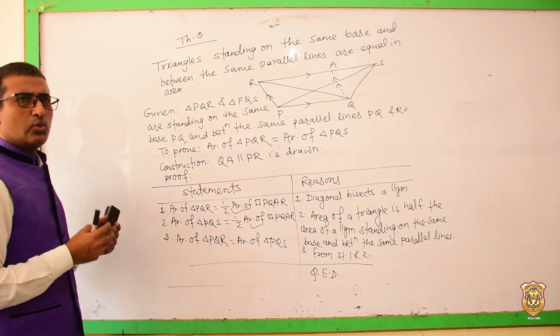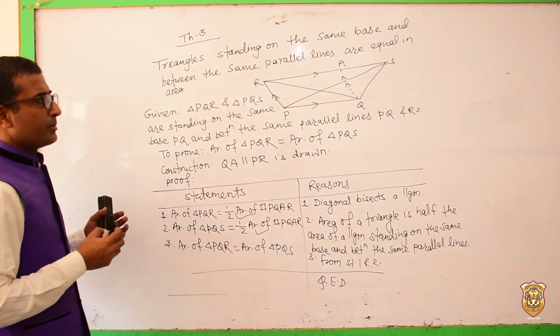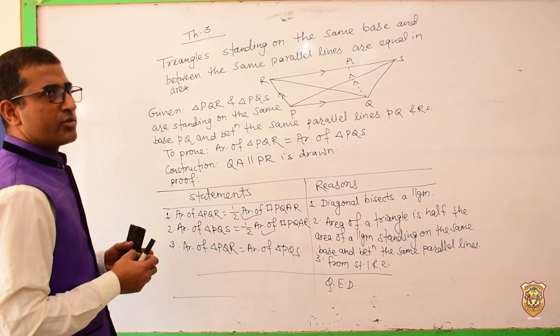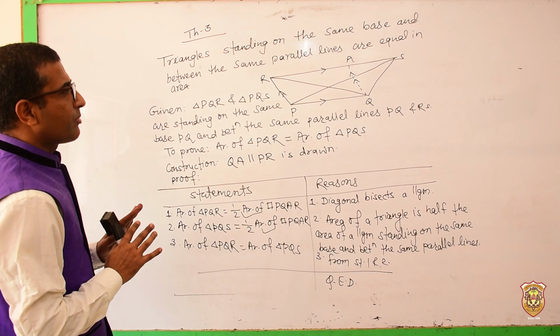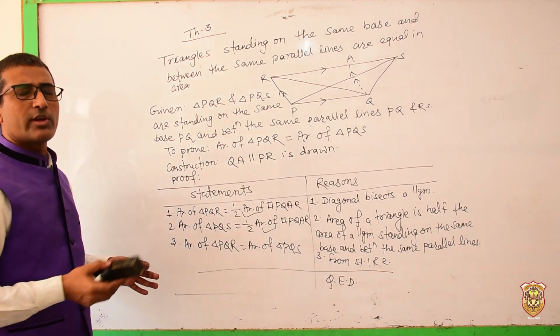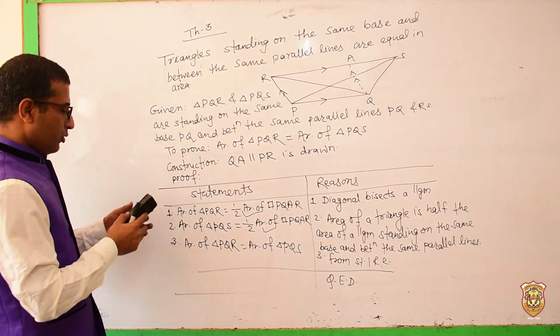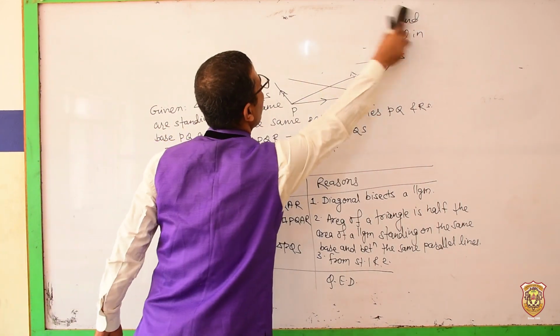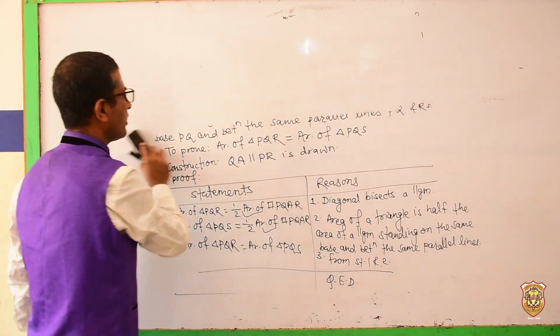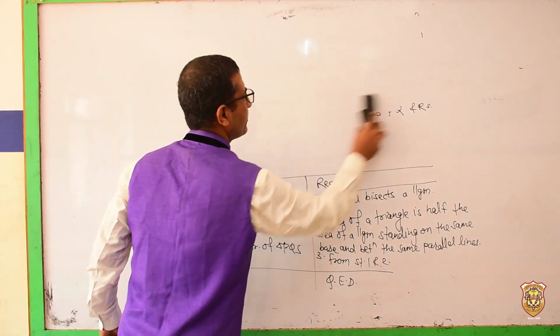Then some rules of geometry, properties of quadrilaterals and congruency, this type of things will be applied and all the questions of this chapter can be done. Now I will write those points which we require more in this chapter after these 3 theorems.